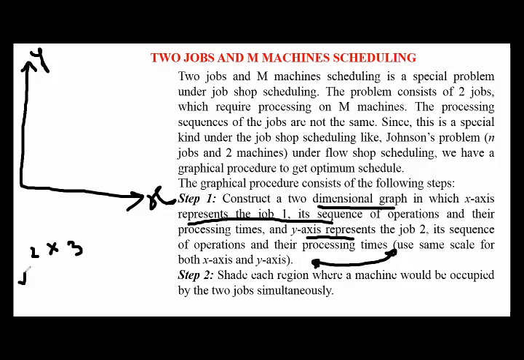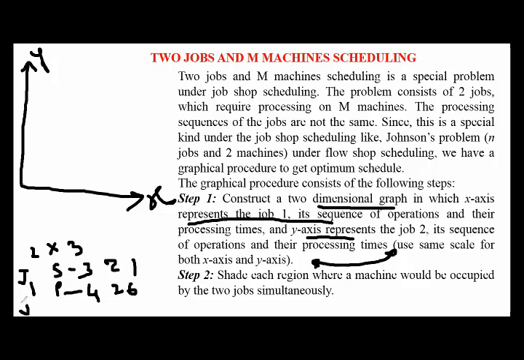For example, the sequence of job 1 is given as 3 2 1, and the process times are mentioned as 4 2 6 for job 1.